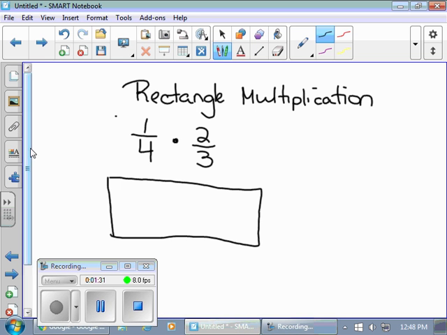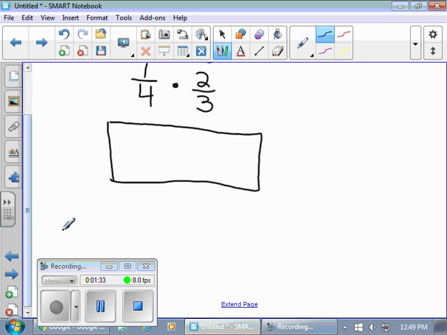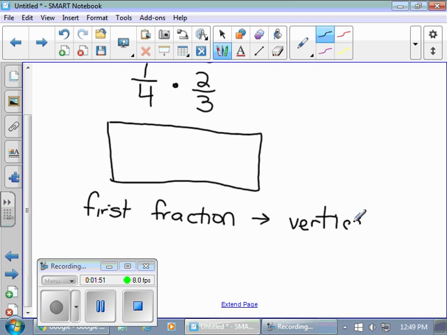Now, there's 2 different ways to do it. I like doing one rectangle. This first fraction is going to be your vertical. So it's going to be broken up and down.